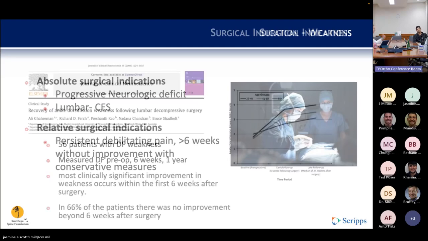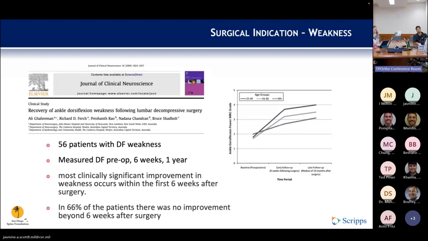One of the other things I've seen in the clinic, when we tend to suggest surgery a little bit more strongly to patients, is if there's motor weakness. Obviously the foot drop or that dorsiflexion weakness being most common. And this paper looked at those with dorsiflexion weakness pre-op, 6 weeks, and 1 year.